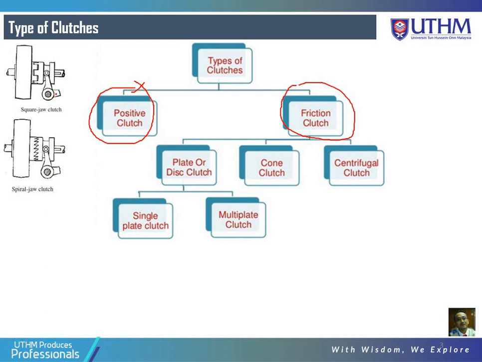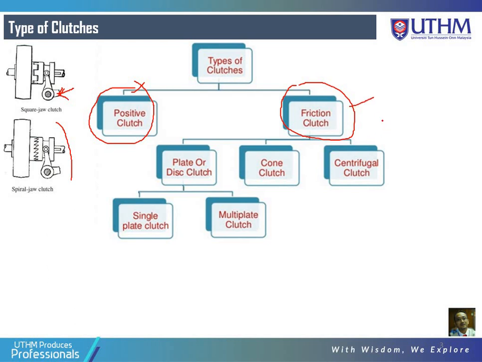So you have to either pull or push this manual lever. The same applies to the spiral jaw clutch. This is a mechanical clutch where you need to stop the operation of the machine, either to engage or disengage the clutches.